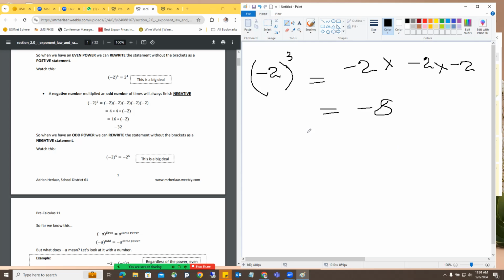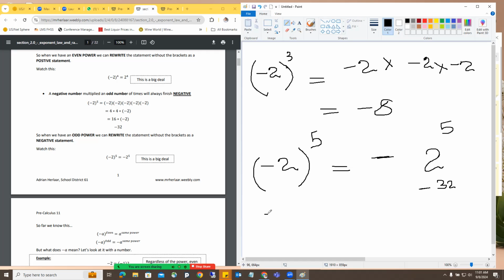Okay. So because of that, we can rewrite it like this. (-2)^5 is equal to -(2^5), because 2^5 again is 32. Then if we multiply it by -1, we have the final answer as -32.